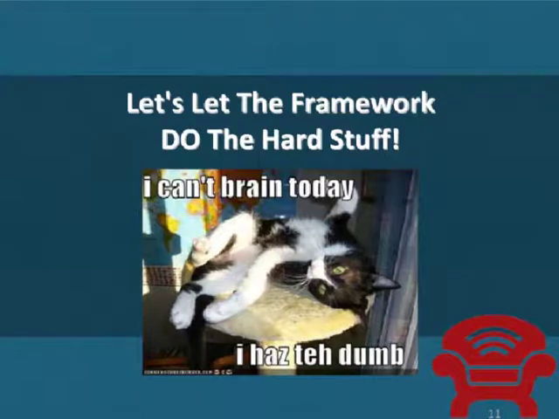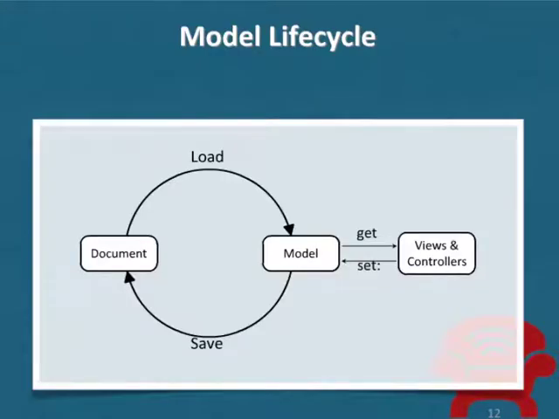So let's look a little bit at what exactly a generic model class would need to do. This is a very standard type of diagram. It doesn't just apply to Couchbase Mobile, it could apply to any sort of database or even a file-based system. Step one is that we want to load some document out of storage, database, file, whatever, into a model object.